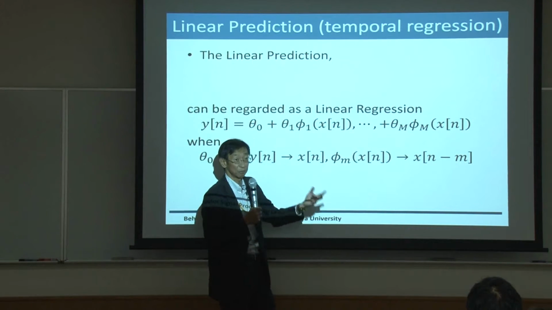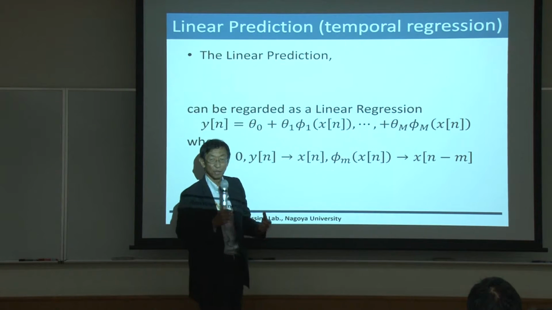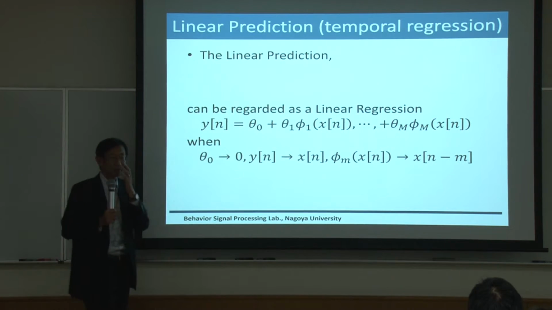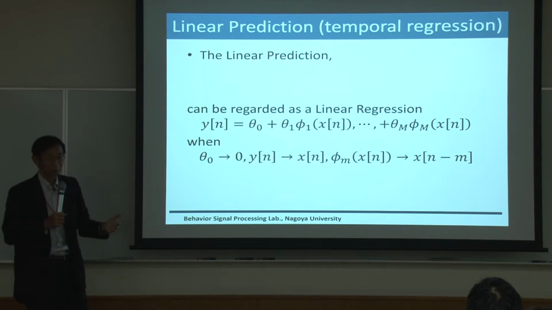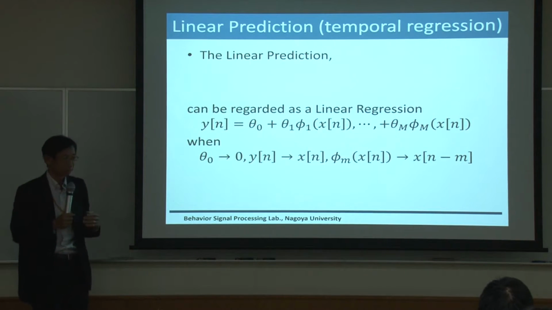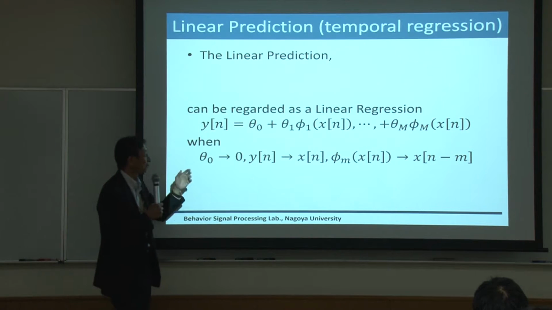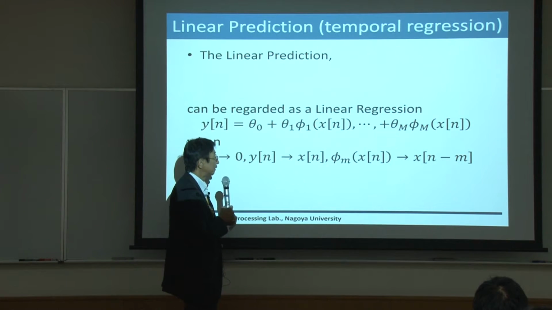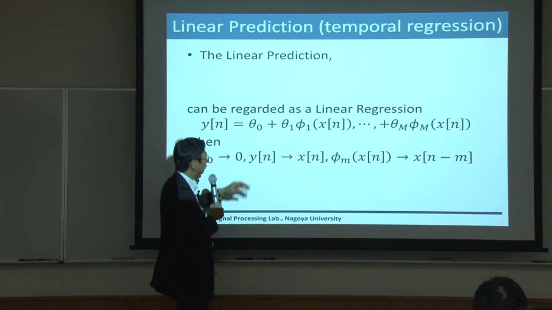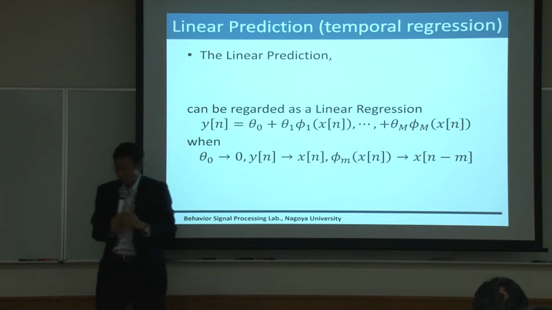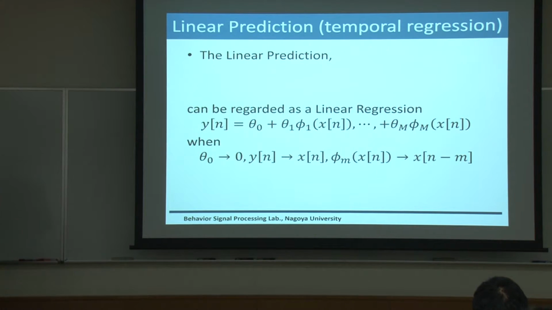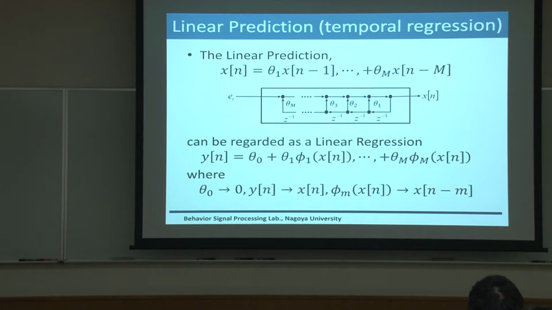That is the prediction problem: knowing the past values and predicting the future value. So we can formulate that prediction problem with the same setup as the linear regression. That's the point. Okay, this is the so-called linear prediction method.